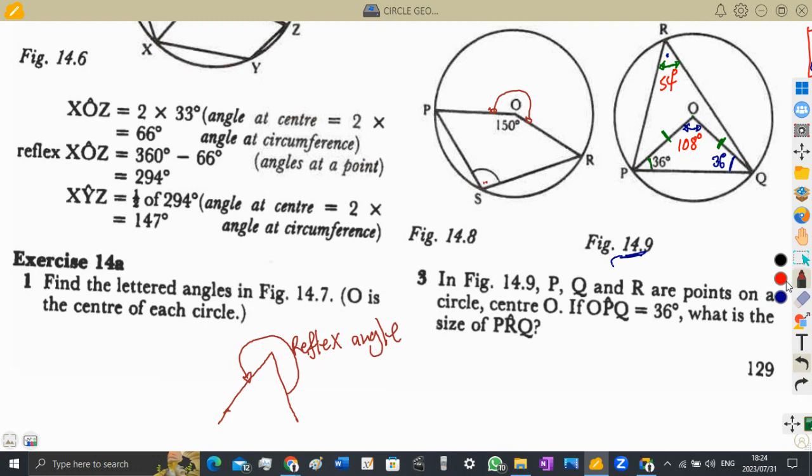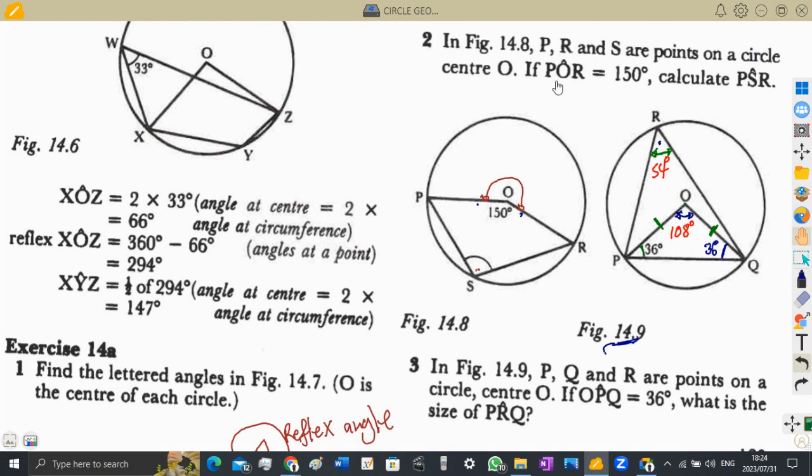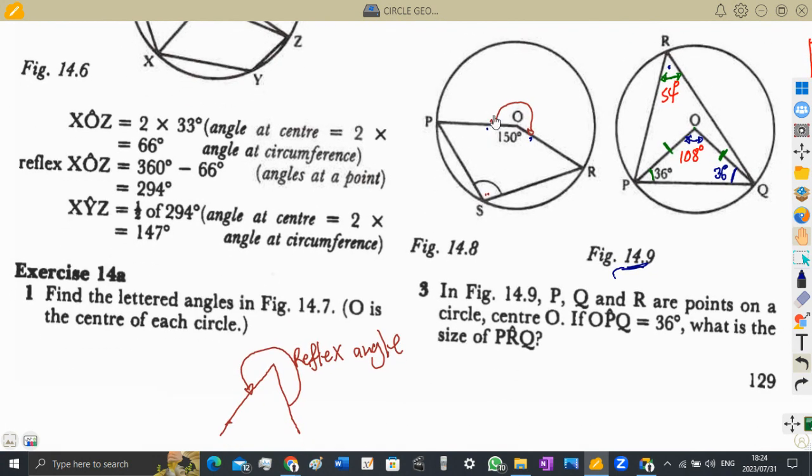A normal angle, which is not a reflex angle, they will just state POR. That's why here they just stated if POR is 150. But there's another POR on the other side, but it's a reflex now.